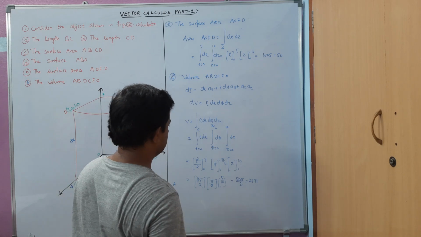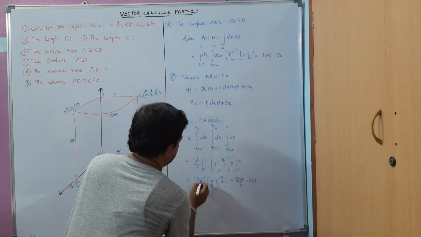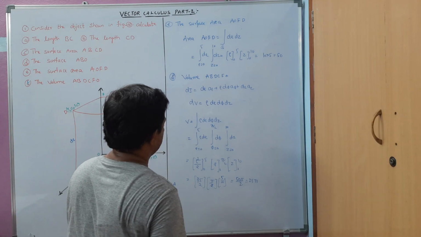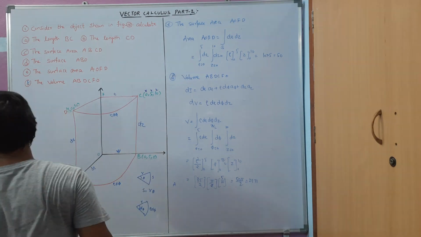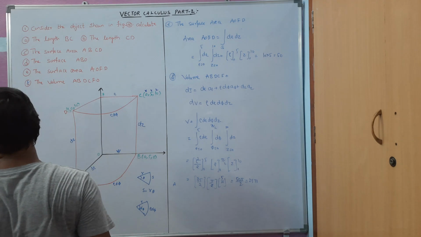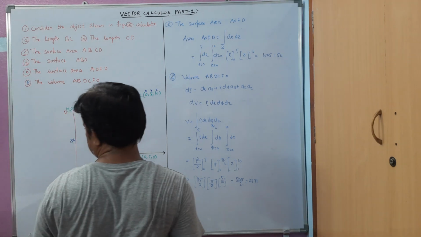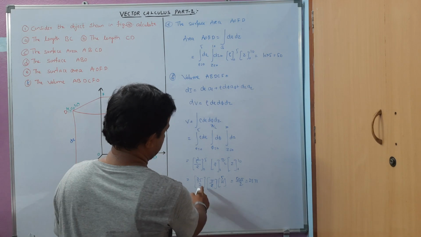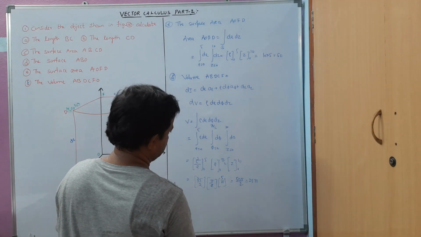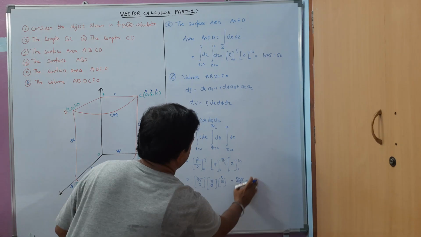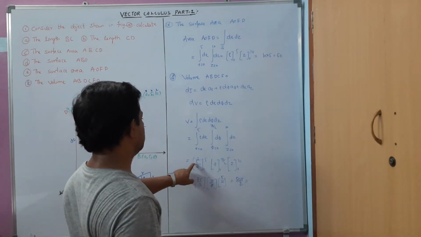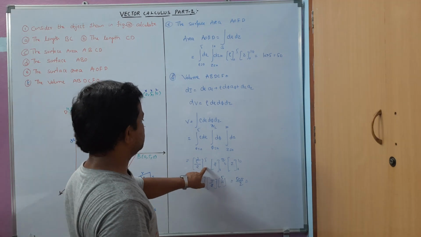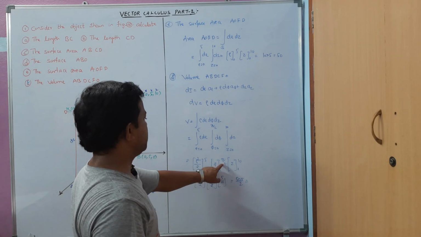Sorry, let me recheck. Here we will get pi by 2, rho square by 2, with rho varying from 0 to 5, and 10.